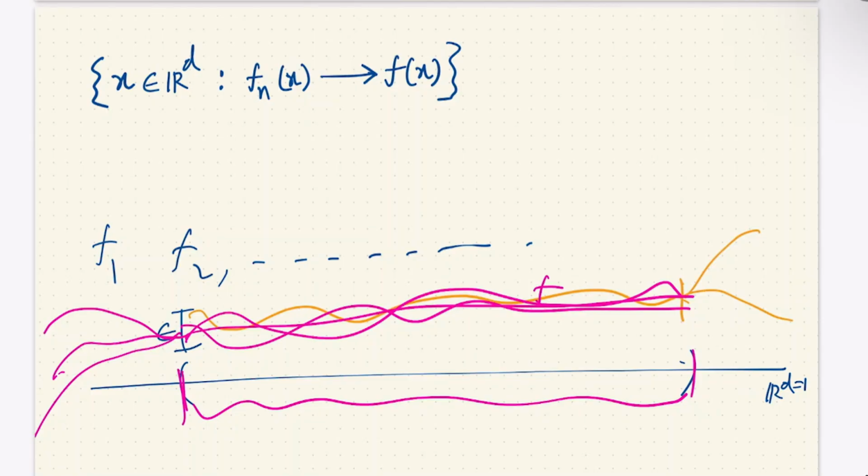Now, this is so important. Why it is important is that I wanted to establish it in some way in the definition of convergence of functions. This is a set of collections, the points where f_n of x converges to f of x pointwise.